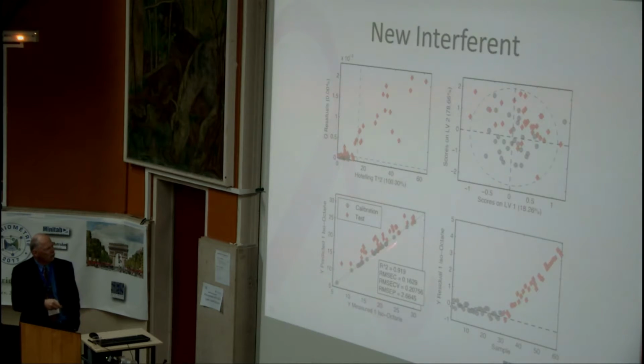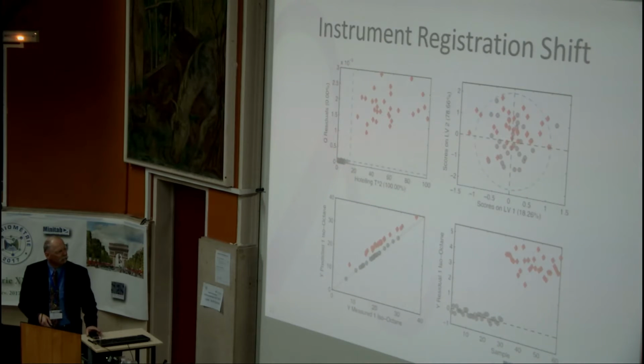But you would see, if you're measuring by the reference value, a definite shift in the data of the test versus the original calibration. And in this case, I had this interferent grow in with time, so you'd see a tracking away from 0 there in the error.